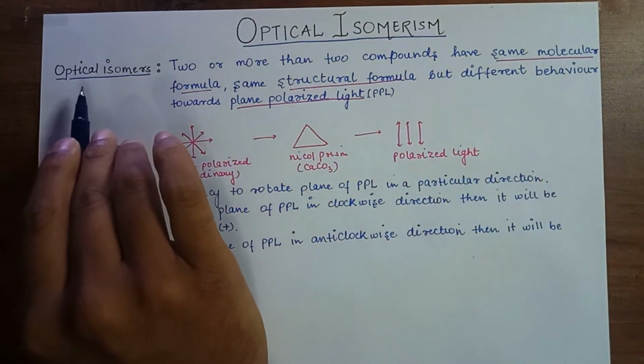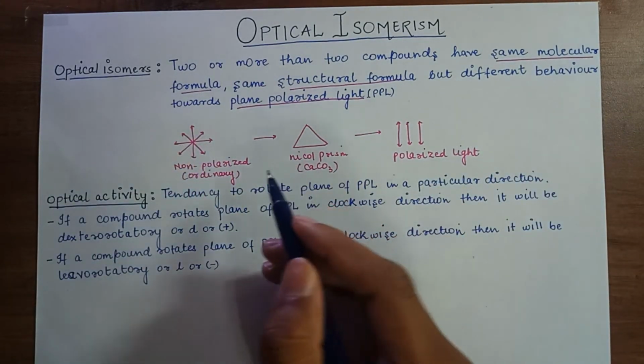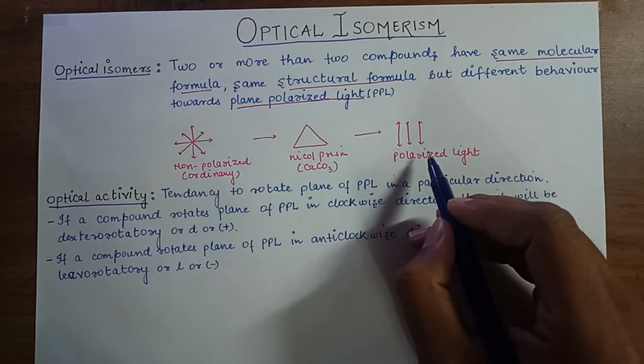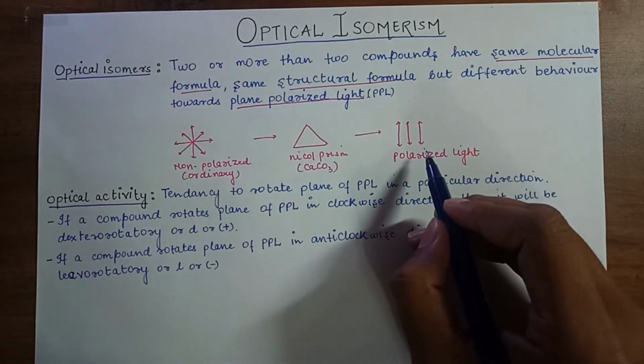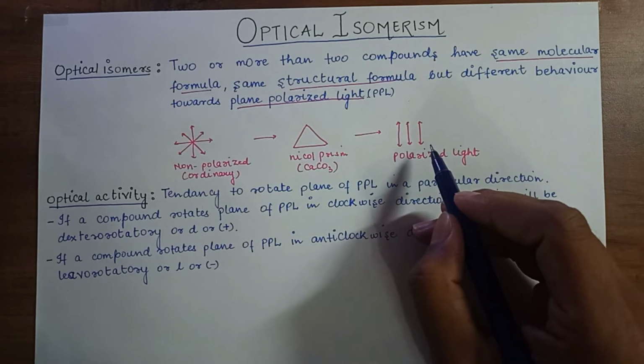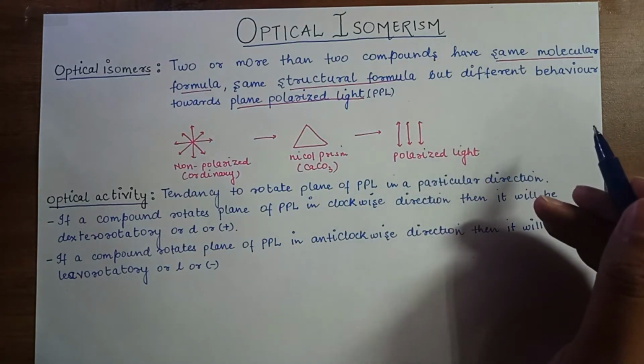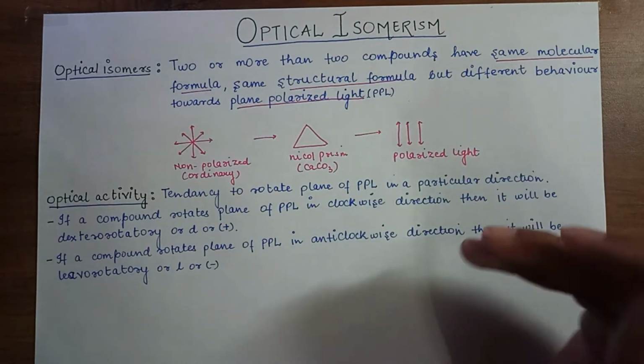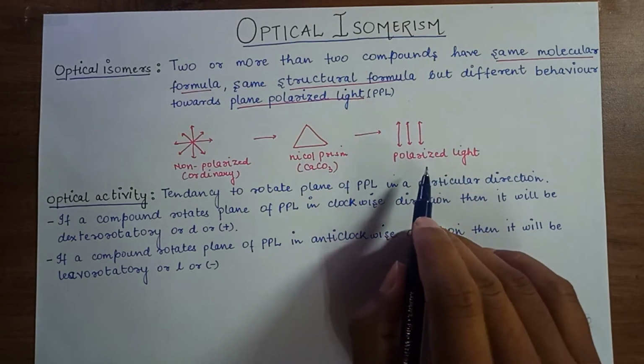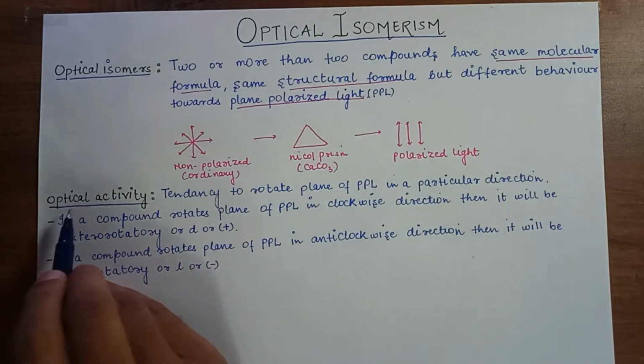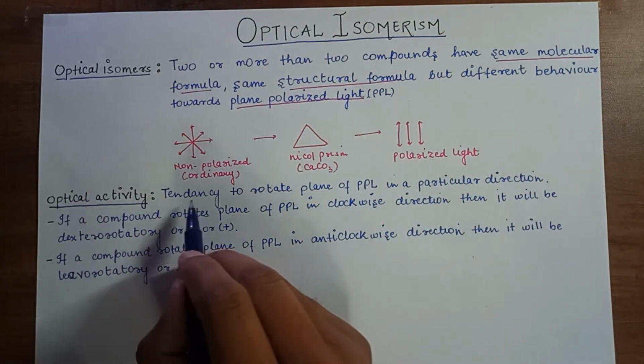So optical isomers have different behavior towards plane polarized light. It means one isomer will rotate the plane polarized light in one direction, and the other isomer will rotate it in the opposite direction. So let us see more about optical activity.